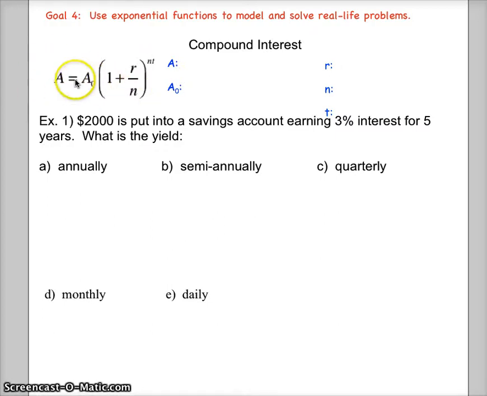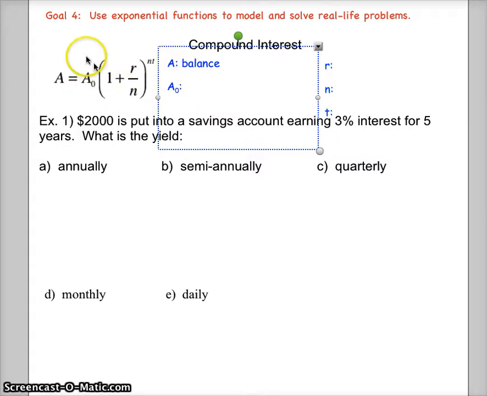Let's begin with A. A represents the amount in the account at the end of the number of years that you are compounding the interest. So at the end of the investment, you might refer to that as the word balance. So it is the balance in the investment. A sub 0 represents the principal amount.